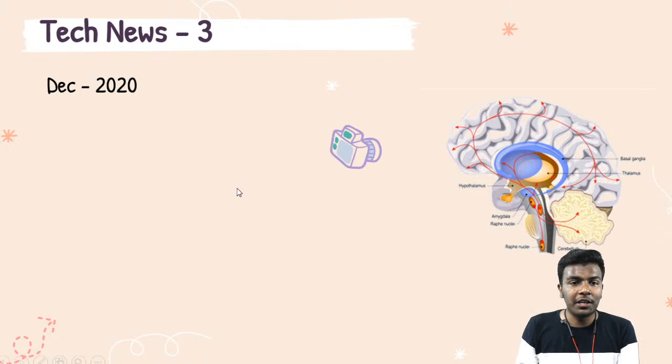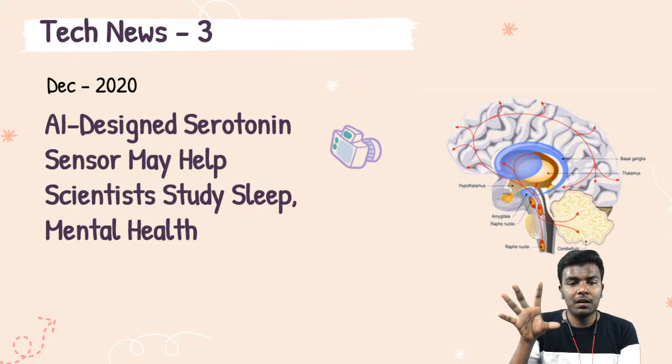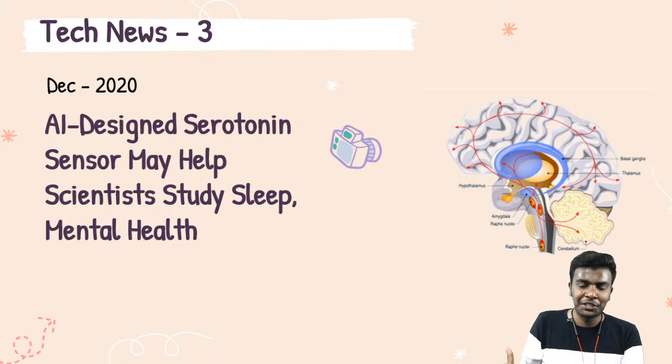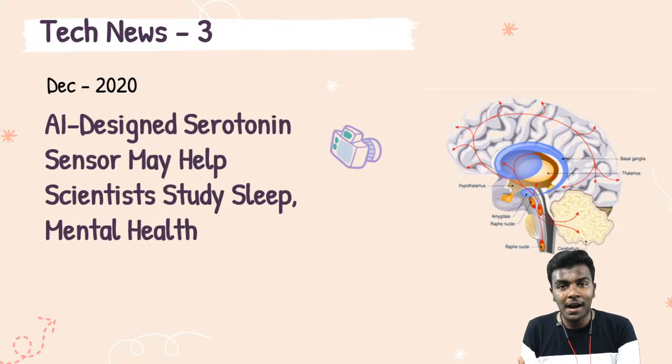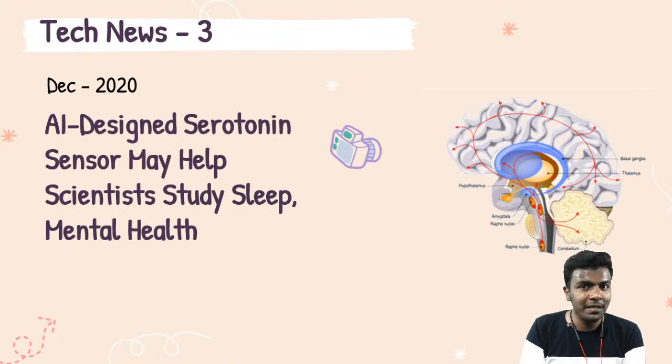So, tech news of day 3. That is actually the brain. Here they have manufactured one device, a sensor, with the help of artificial intelligence. That is a serotonin sensor, which is helpful for studying mental health. Apart from physical health issues, there is a lot of mental health pressure and a lot of thoughts, so we need to analyze them.